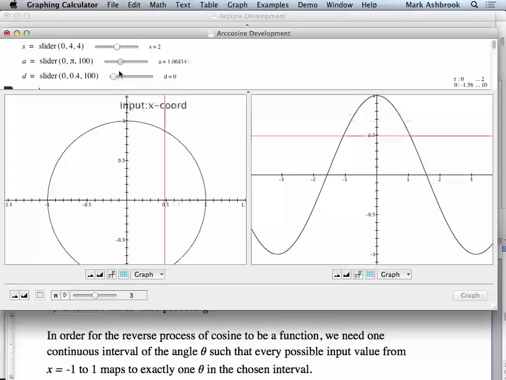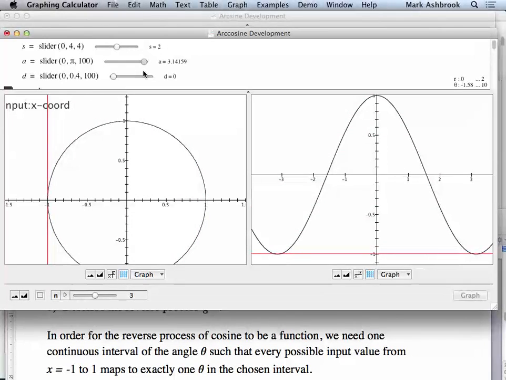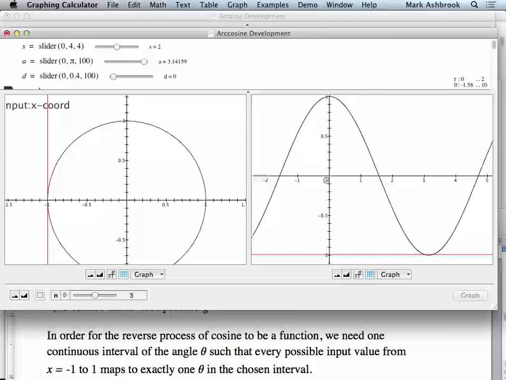Okay, and so we need a range of angles so that for every one of those inputs from -1 to 1, we get just one angle out. So, Gina, can you see what range of angles we want to use? 0 to pi. Can you say more, why would that be?